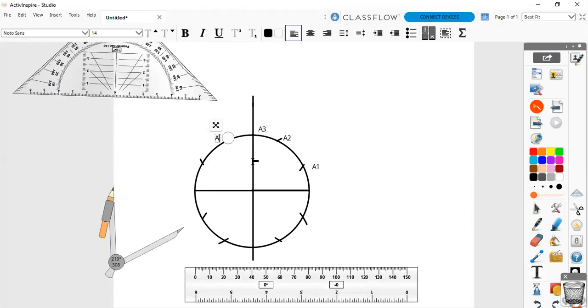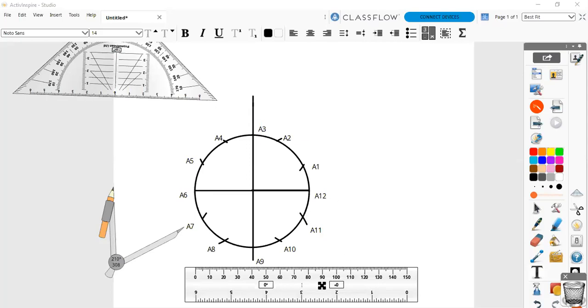Here your point is A4, here the point is A5, A6, A7, A8, A9, A10, A11. As we wanted to go for 12 parts, you will have 12 different points by giving the nomenclature like this.